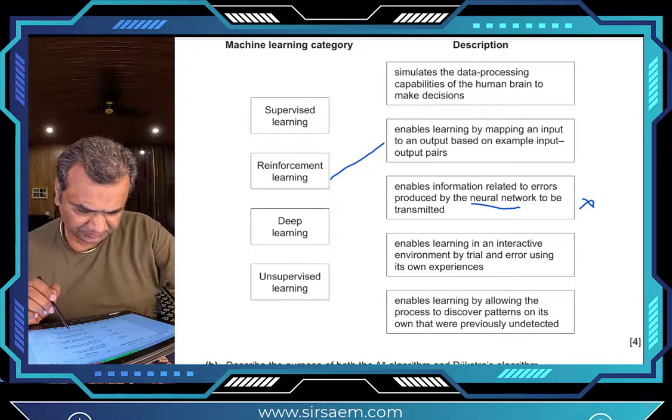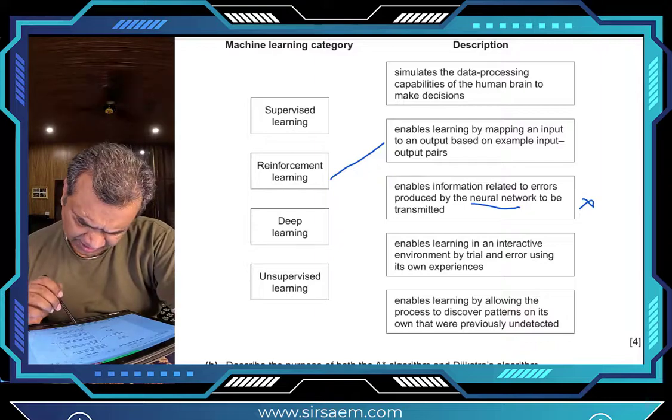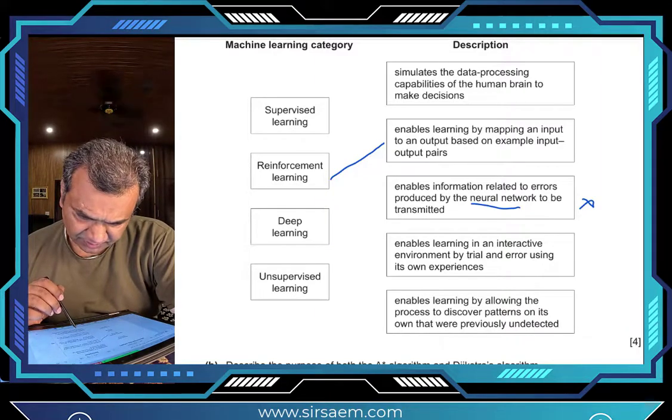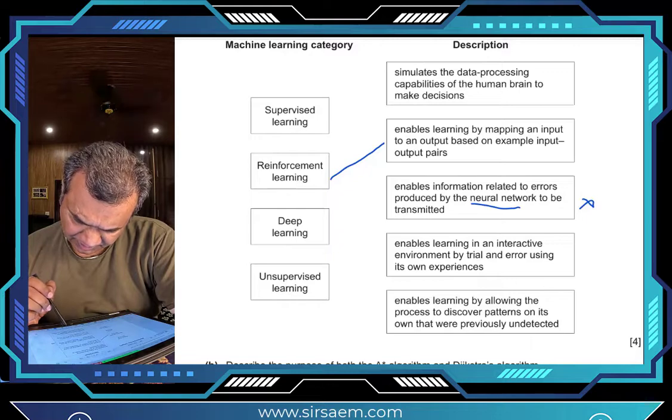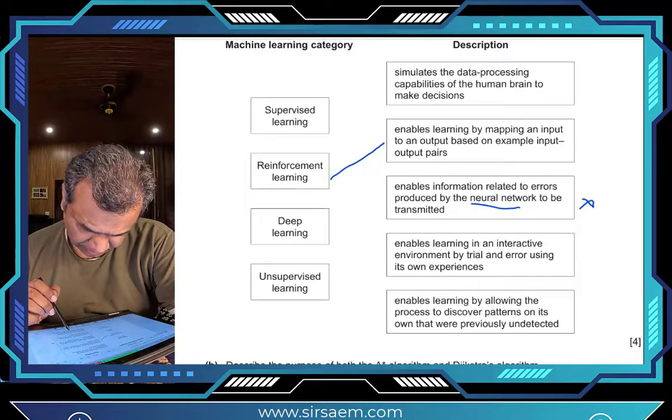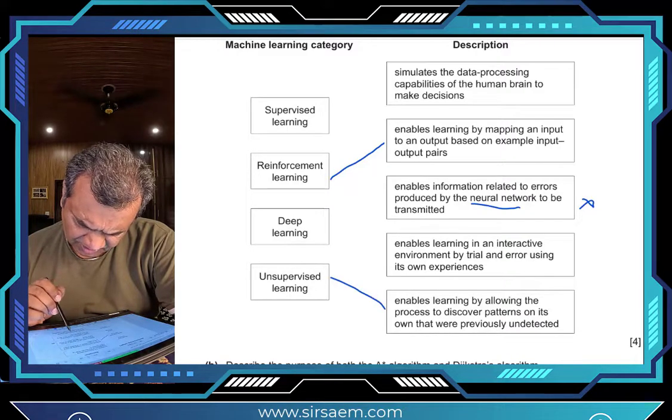Okay, so what we have is: enables learning by allowing the process to discover patterns that were previously undetected. Unsupervised learning enables learning in an interactive environment by trial.